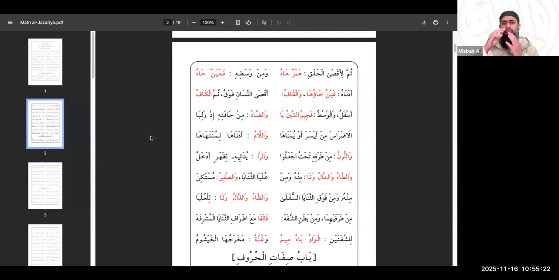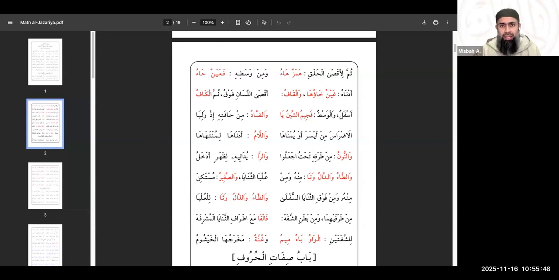This is the point of articulation for dha, zal, and tha. When I say Allah, the tip, and not to stretch the tip too far forward. Allah, like this is too much tip. A small portion of the tip.